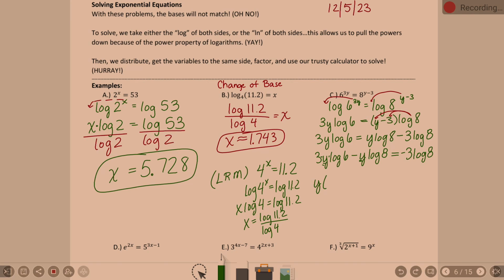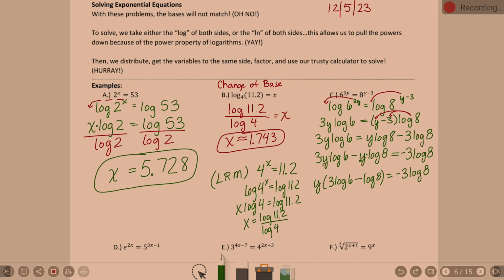If I divide out that y, what remains? 3 log 6. Minus. If this is y times log 8, and we divide out the y, what remains? Log of 8. Still equals negative 3 log of 8.